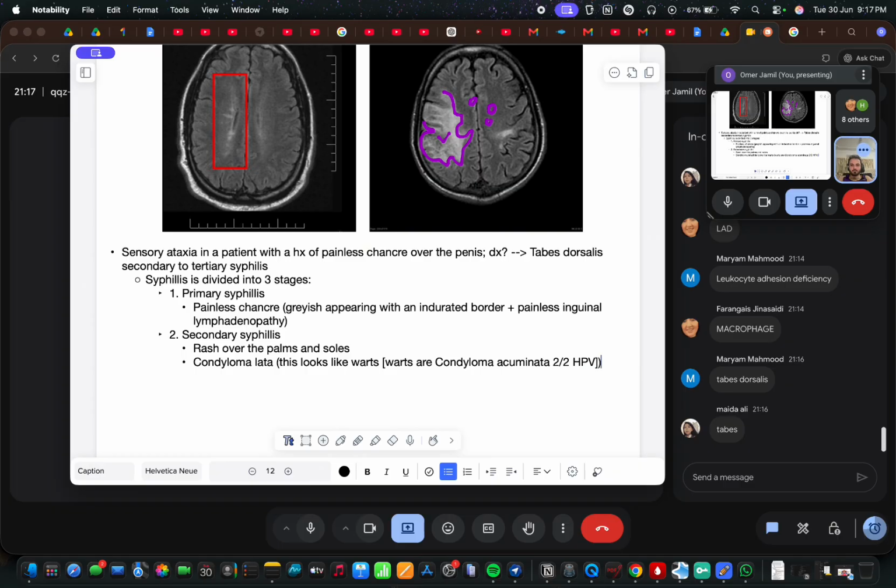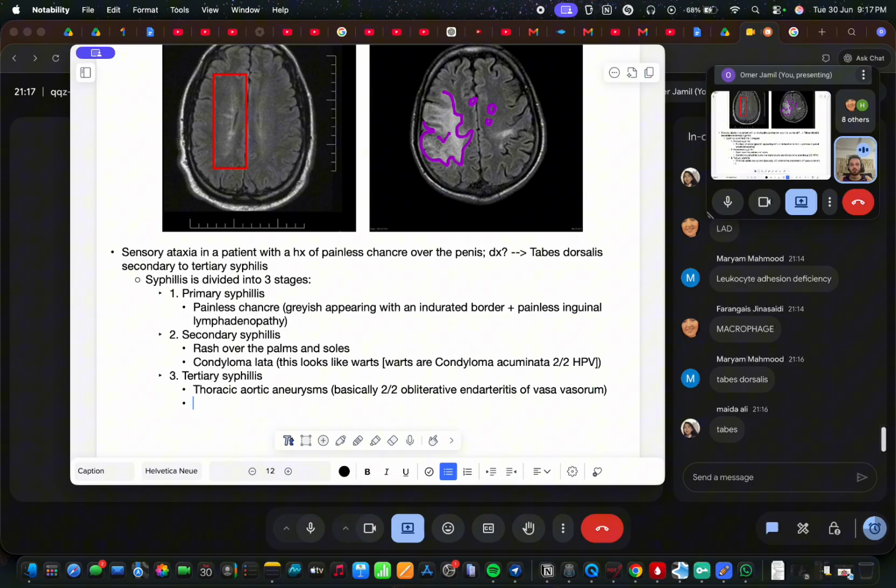The third stage is tertiary syphilis. You see thoracic aortic aneurysms, secondary to obliterative endarteritis of the vasa vasorum.